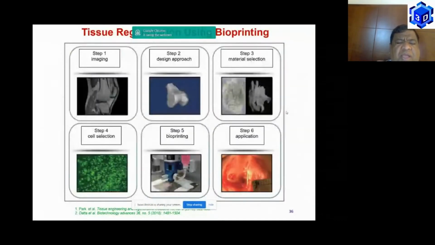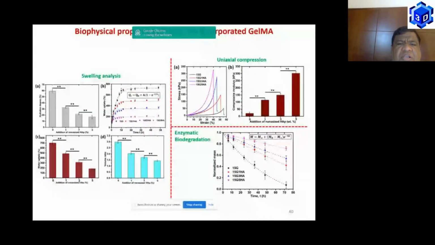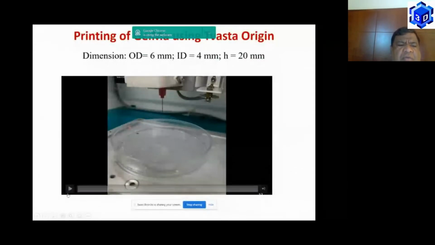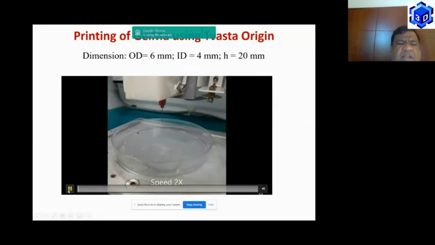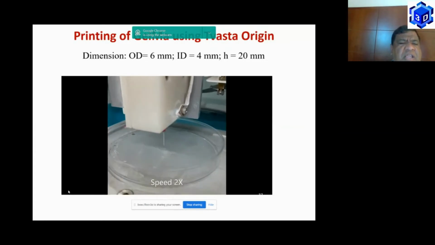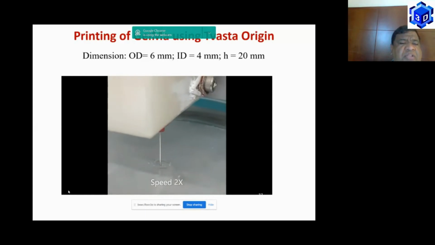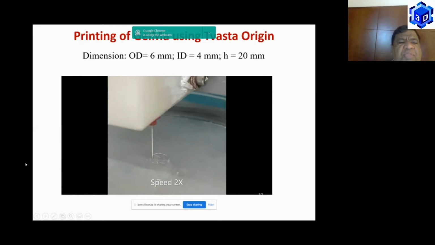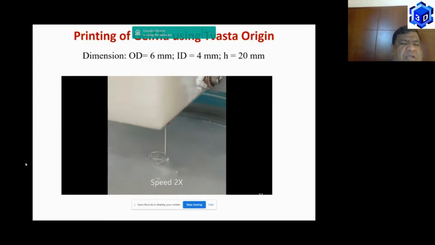Now, coming to the 3D bioprinting of gelatin methacrylate. One thing I would like to mention is that there are two concepts: one is printability, and one is buildability. A printable ink may not necessarily lead to buildability, because buildability essentially means how robust a structure can be printed using a 3D printing technique, built as a freestanding structure without any support.